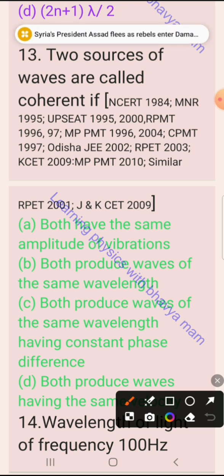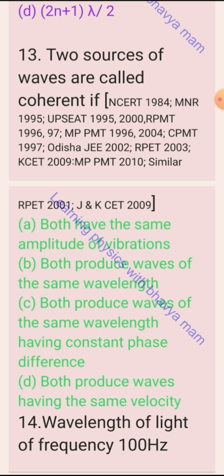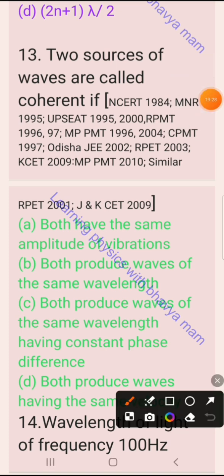Both produce waves of the same wavelength. Both produce waves of the same wavelength having constant phase difference. Both produce waves having the same velocity. The correct option is: both produce waves of the same wavelength having constant phase difference. Constant phase difference is very important in the case of coherent sources. Coherent means they should have the same phase, or if there is a phase difference, it should be constant.